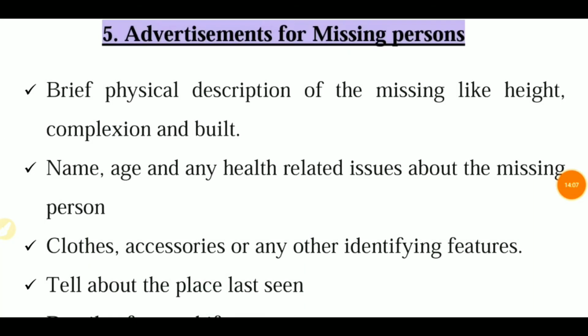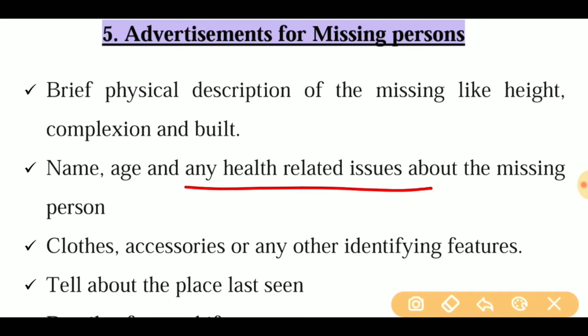The fifth is advertisements for missing persons. In such advertisements we should mention a brief physical description of the missing person, like height, complexion, build, name, age, any health related issues, the description of clothes, accessories or any other identifying feature.